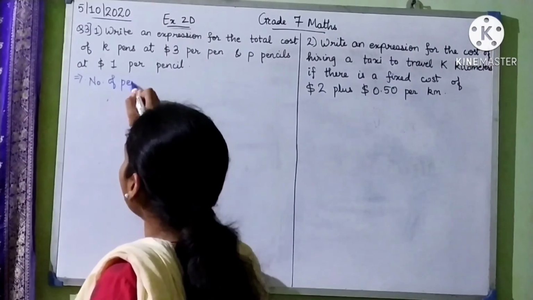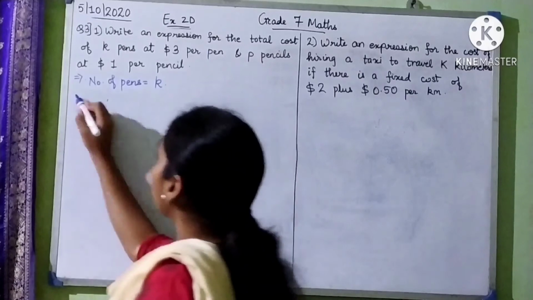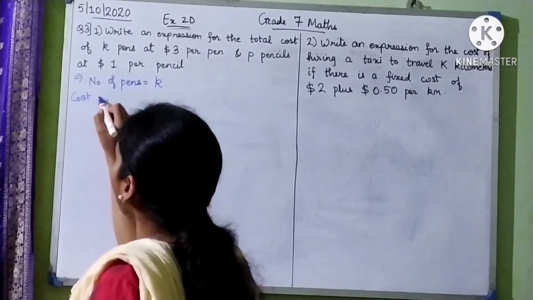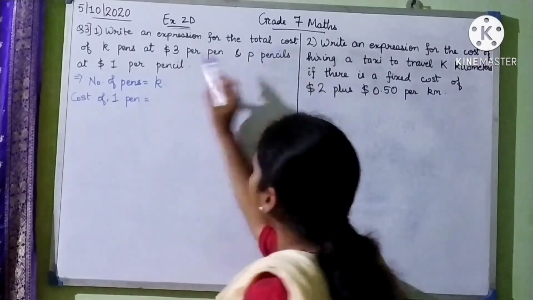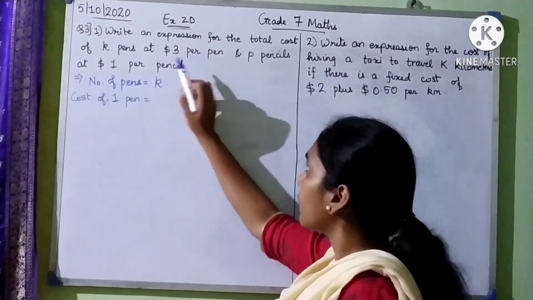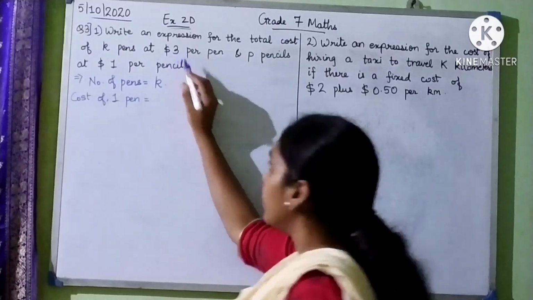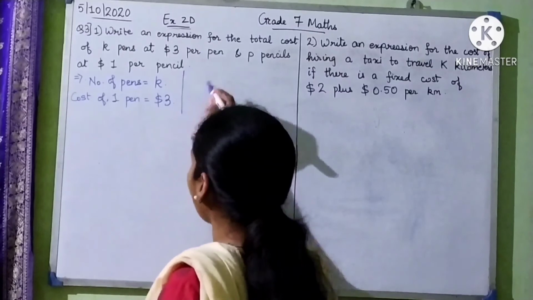K pens are there. And the cost of one pen, $3 per pen, means for one pen the cost is $3. So $3.